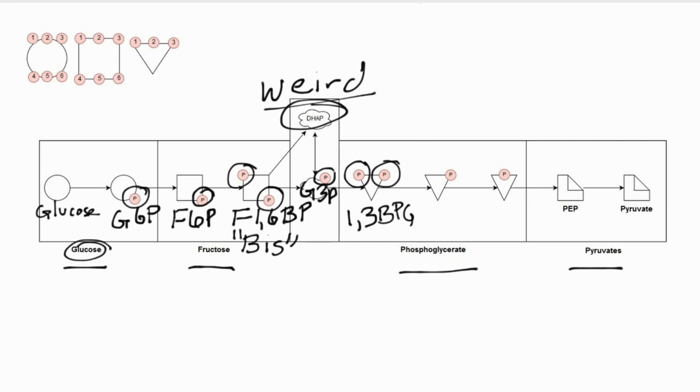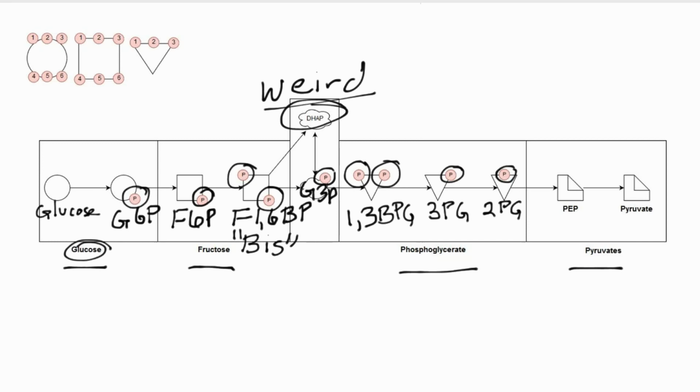So 1,3-bisphosphoglycerate. And then the next one, we have a phosphate group in the 3 position, so it's going to be 3-phosphoglycerate. Moving on, we've noticed now that this phosphate group has magically been placed in the 2 position. So this is going to be 2-phosphoglycerate.